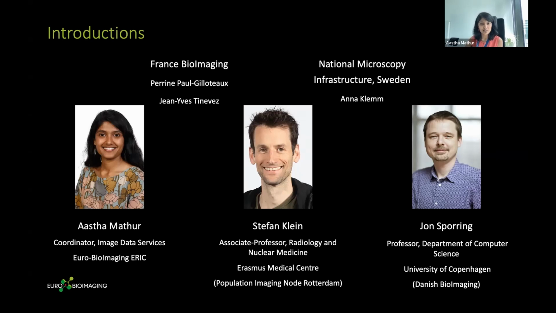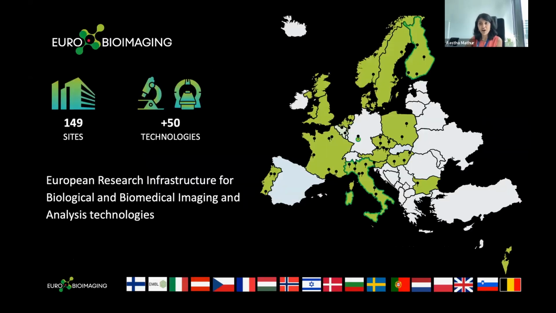And how do we manage all this? Actually, we manage all this because we are very big. Euro-BioImaging is a European research infrastructure for biological and biomedical imaging and analysis technologies. It is distributed in nature. We have 149 sites across Europe, and these sites are imaging facilities that are parts of national universities, national research centers or international research centers.